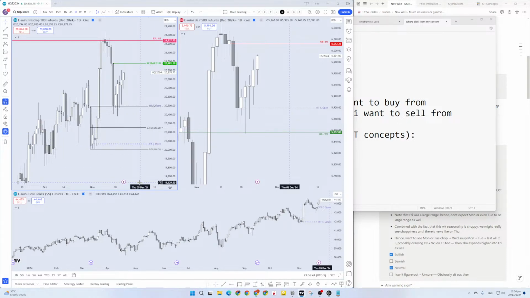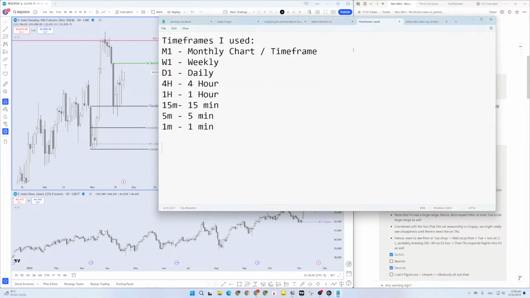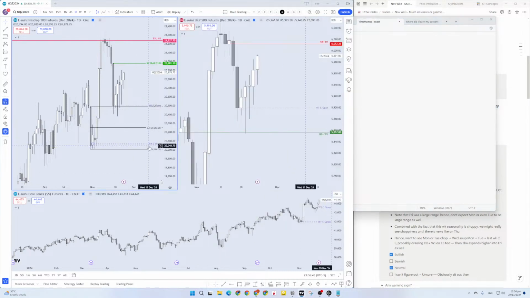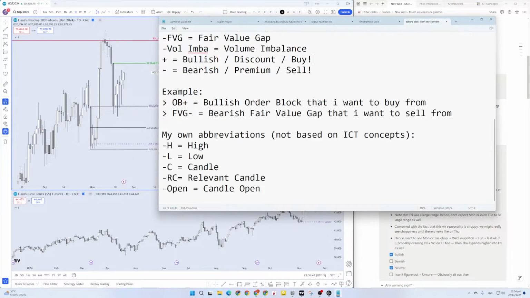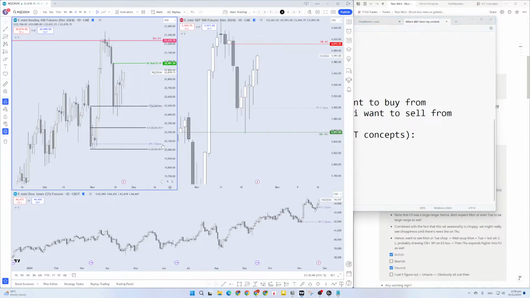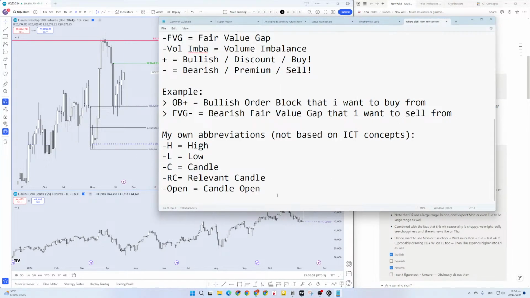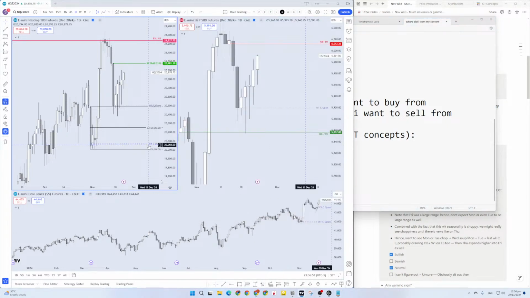What does it mean? If you go back to this list, M1 is monthly, C is candle, and open just means the opening price. So M1C open here means that I indicated the opening price of a monthly candle.